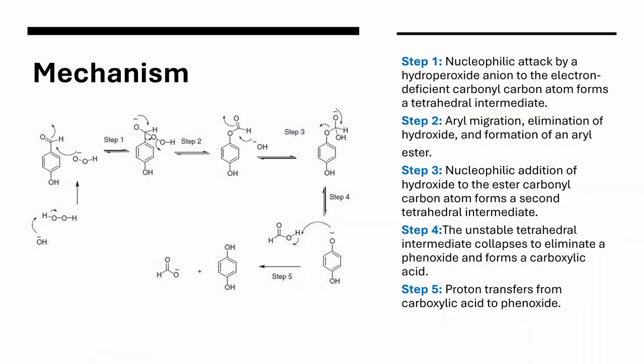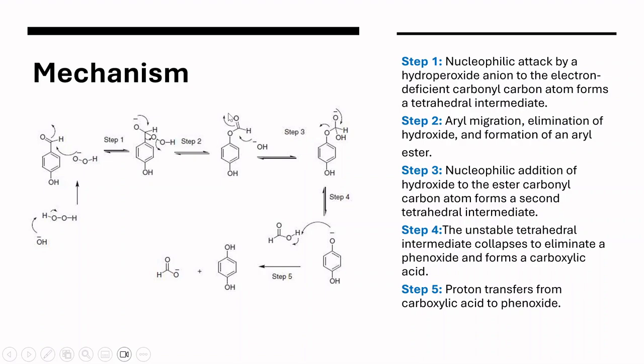In the second step, the aryl group migrates from the carbon to oxygen. This group migrates from this carbon to this oxygen. OH group is eliminated, so we will get a compound like this.